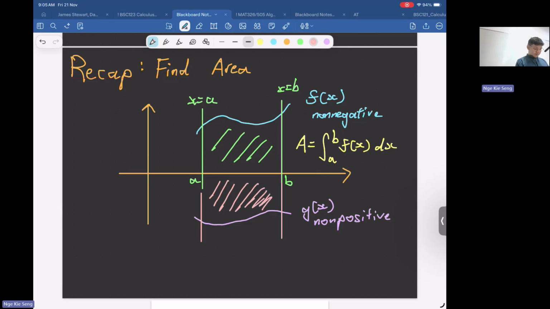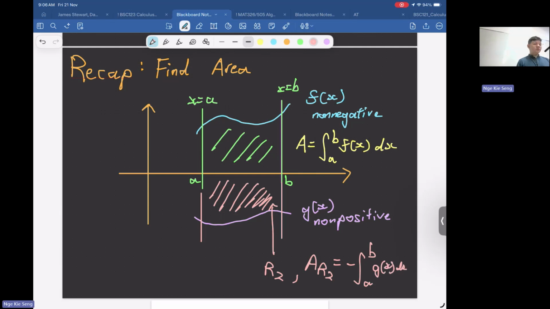And to find this, let's call this region R2. So the area of R2 is equal to the negative of the definite integral from a to b.